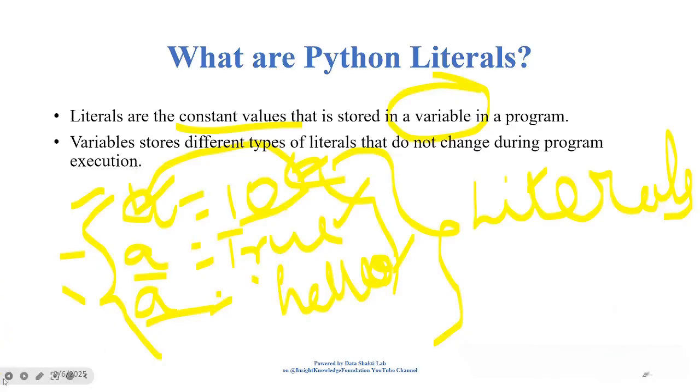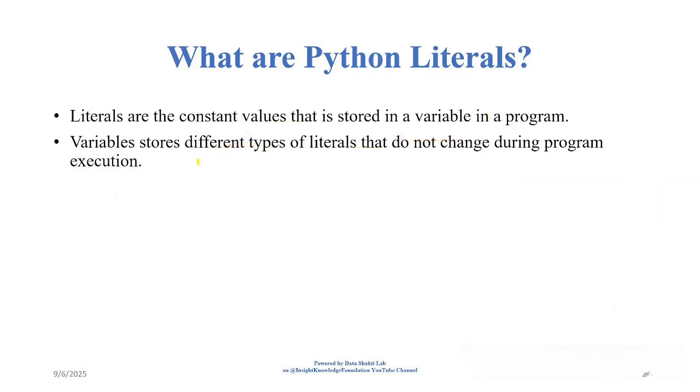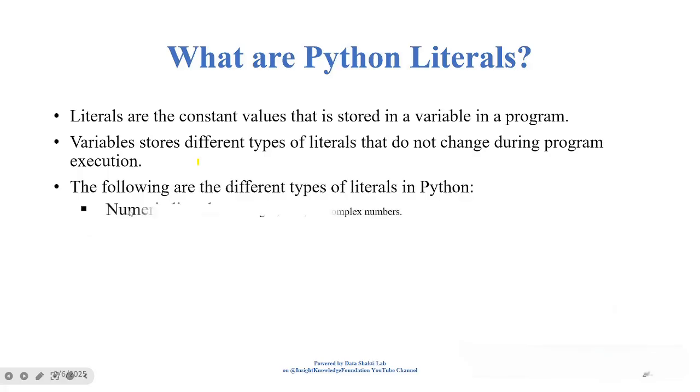Now we will learn how many different types of literals are present in the Python programming language. So, Python supports different types of literals. The first type is numeric literals. These include integers, floats, or complex numbers.